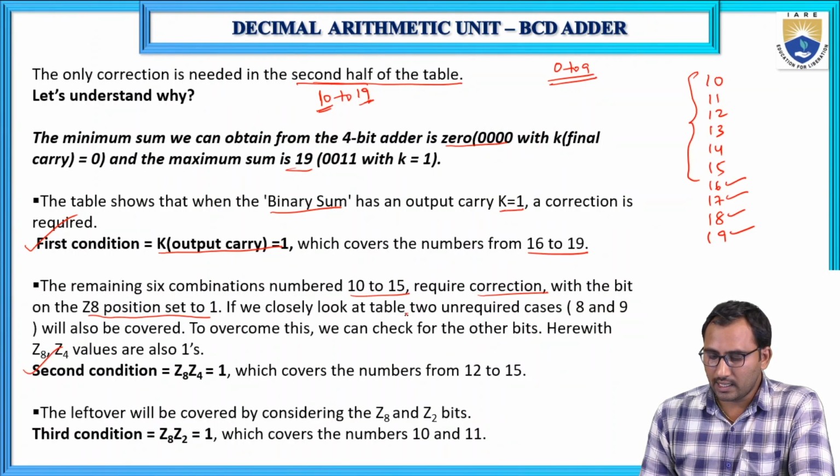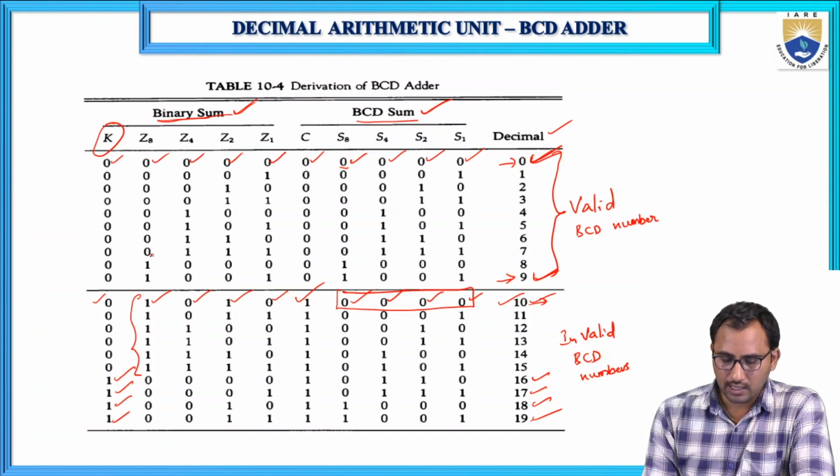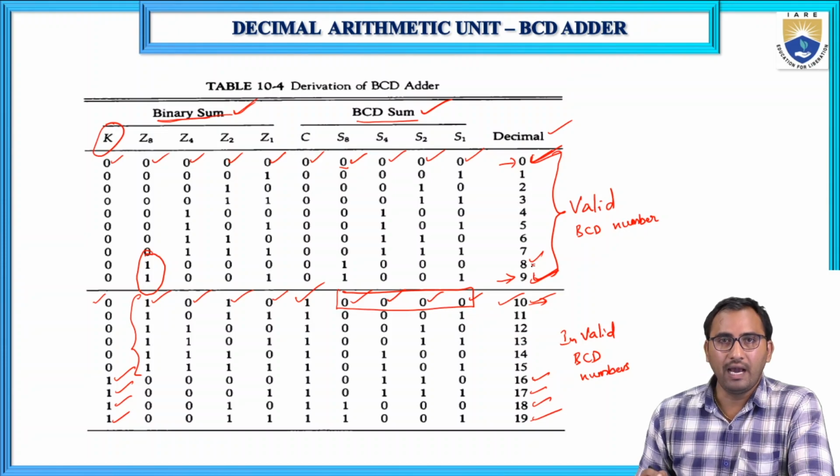If we closely look at the table, there are 2 unrequired cases, 8 and 9. If Z8 is set to 1, these 2 cases, 8 and 9, are also covered. But 8 and 9 are valid BCD numbers.